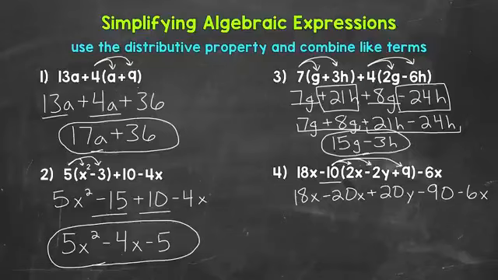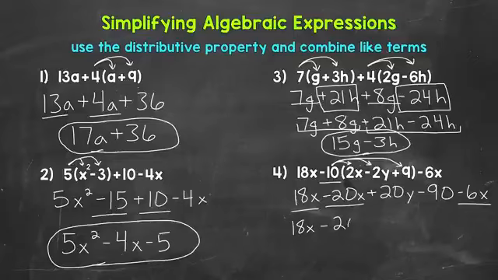Now we can look for any like terms that we can combine. So do we have any like terms? Yes. 18x, negative 20x, and negative 6x. Let's rewrite the expression with those like terms next to each other.